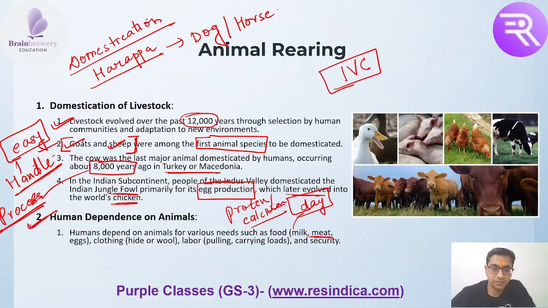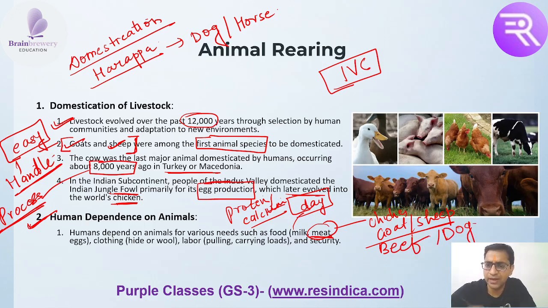Then meat production, like chicken, goat, even sheep. Then beef is there. At some places dog meat is also eaten, and other practices are going on too, right? Eggs are there as well.